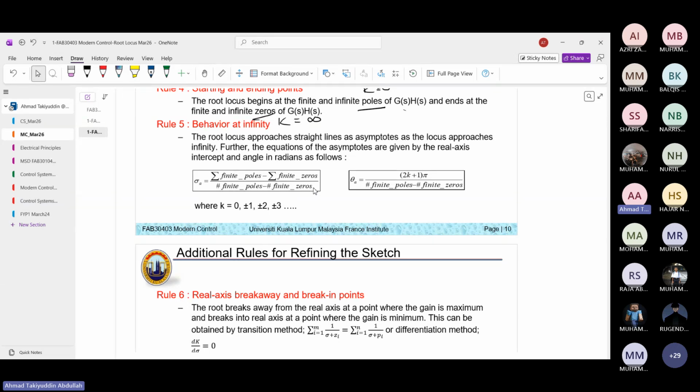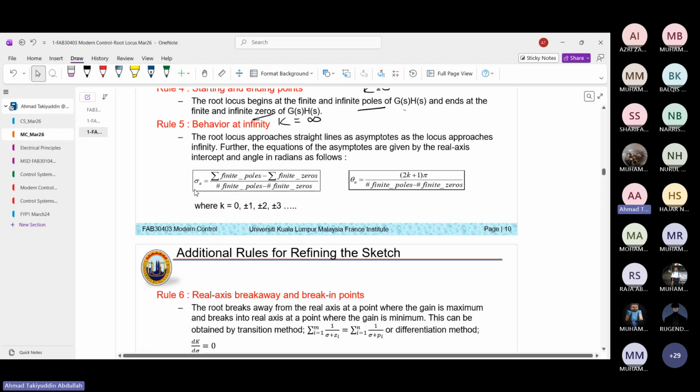So whatever the values that refer to these poles will be summed together, all of them. The same goes for the values of the zeros. We are going to total them up for the numerator part, and then we divide by the number of poles minus the number of zeros, which are among the first considerations we need in order to come out with the root locus.